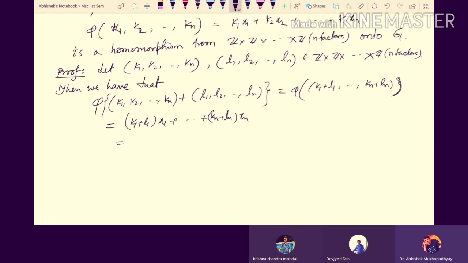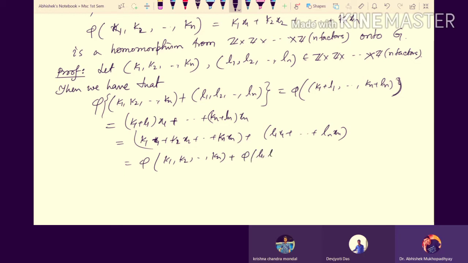And using the addition operation, we will have k1x1, k2x2, ..., knxn plus L1x1, ..., Lnxn, that is phi of (k1, ..., kn) plus phi of (L1, ..., Ln). So this proves that this is a homomorphism.